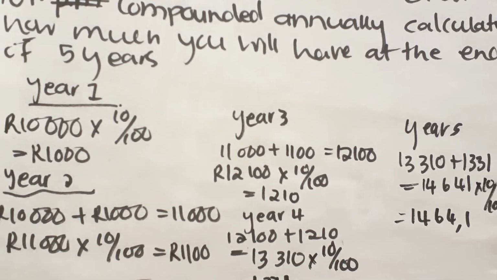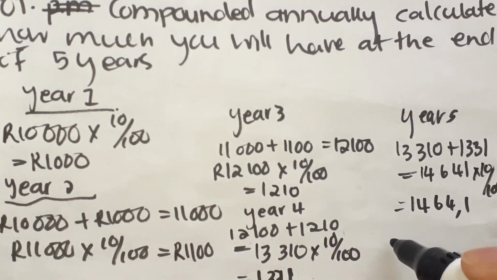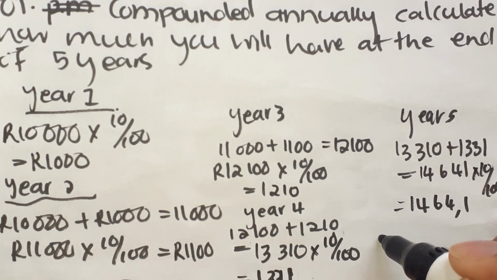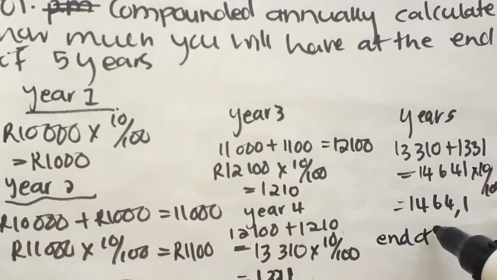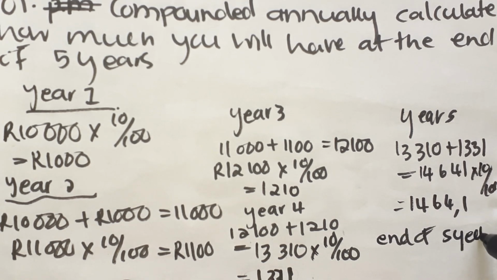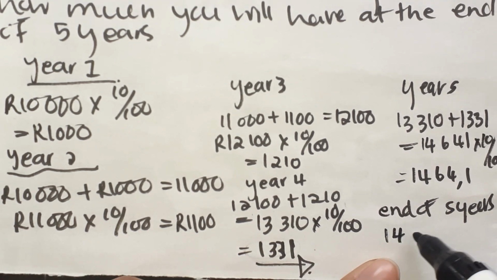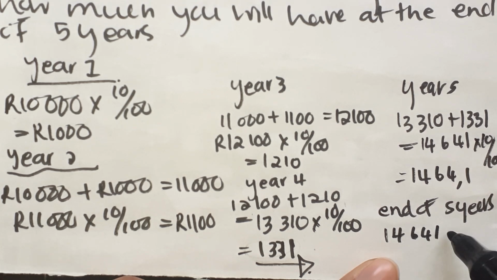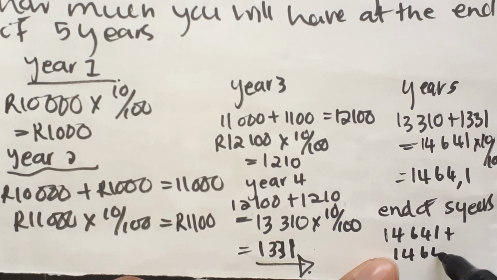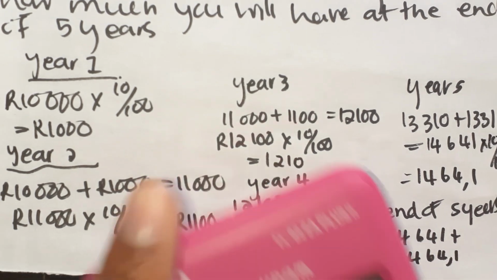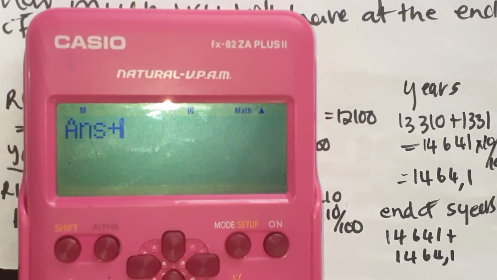So the total amount that we have at the end of 5 years is this 14,641 plus 1,464.1. So let's add that.